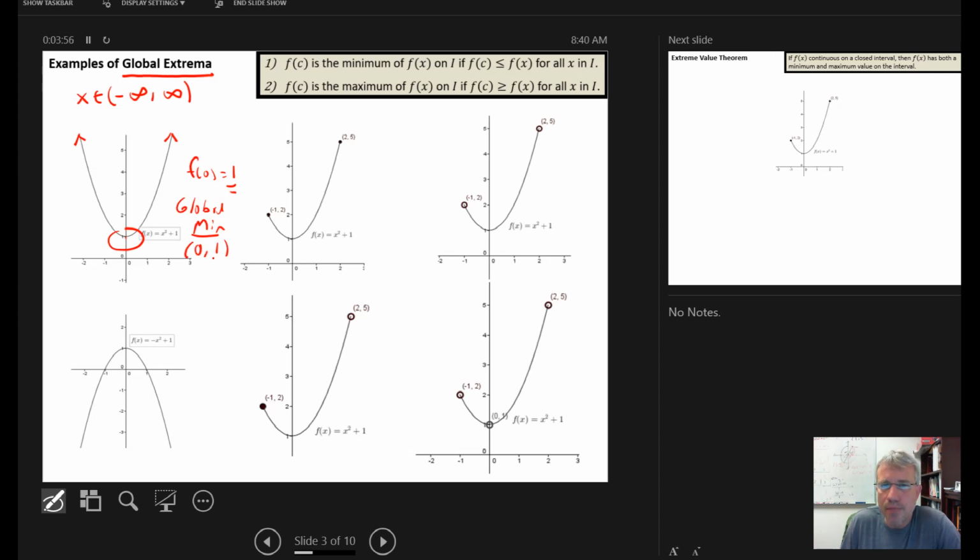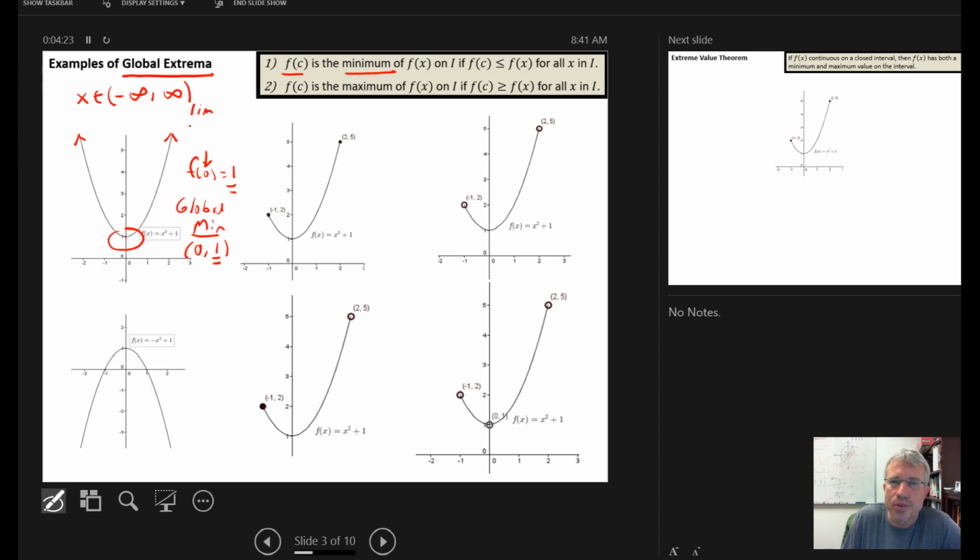And the minimum value is the output. It is the 1. The f of c is the minimum. So f of 0, in this case c is equal to 0, f of 0 equals 1 tells us that we have a global minimum output of 1 on the open interval from negative infinity to infinity. But when I look at a global maximum and try to find that, I don't get one.